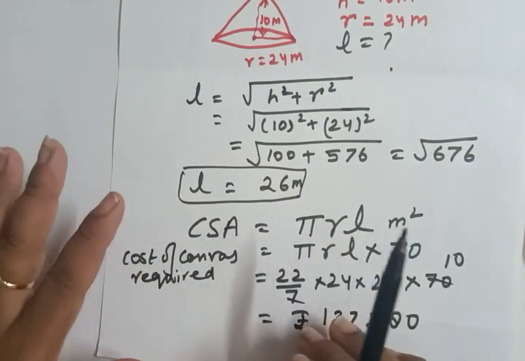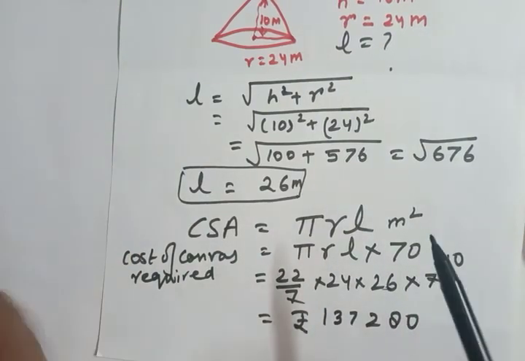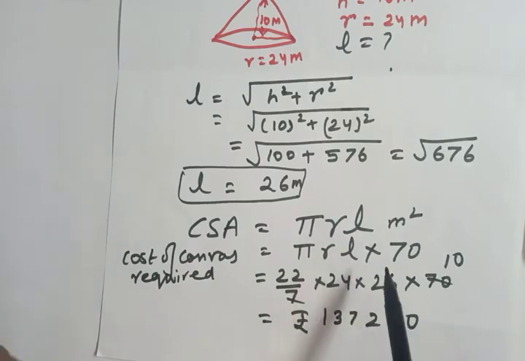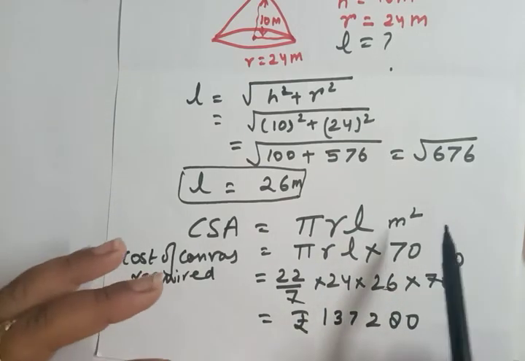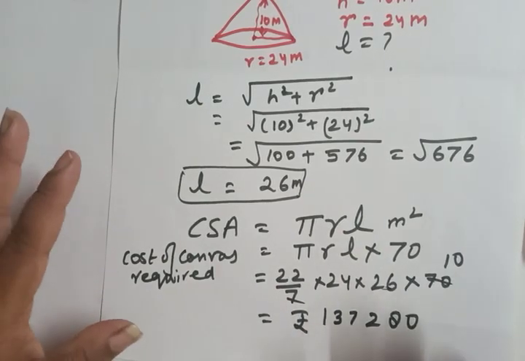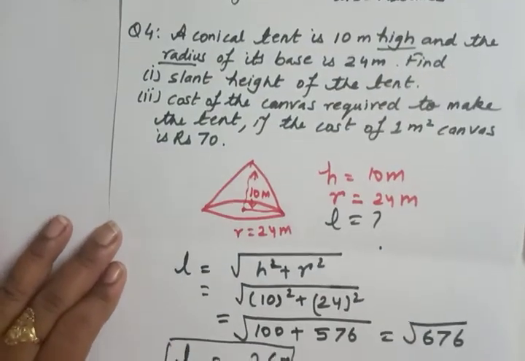Here, because the canvas is required to make a tent and it is always in the curved shape, we have found only the curved surface area, and then we multiply this by the rate, that 1 meter square is of rupees 70. So we multiply the whole surface area by 70, and we have got the total cost of the canvas required. I hope it is clear.